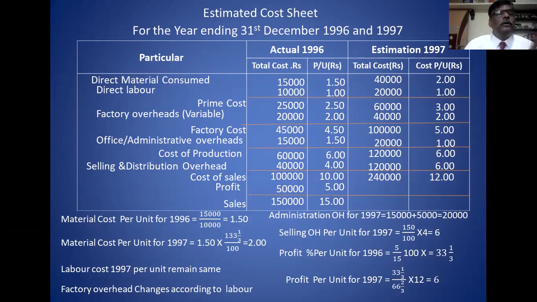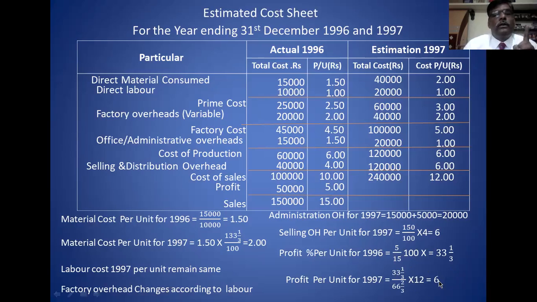Like this, I remember the multiples of 33 integer 1 by 3. On the basis of that, I will cancel these two. 33 integer 1 by 3, 1s are; 2s are 66 integer 2 by 3. It is exactly 1 by 2. So 1 by 2 of the 12 is equal to 6.